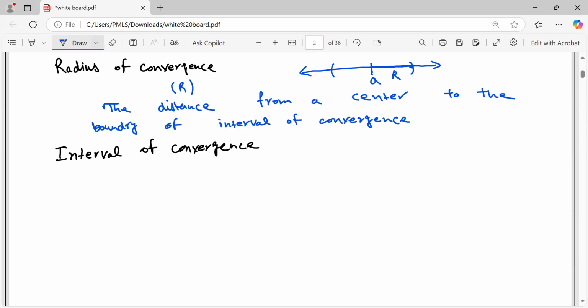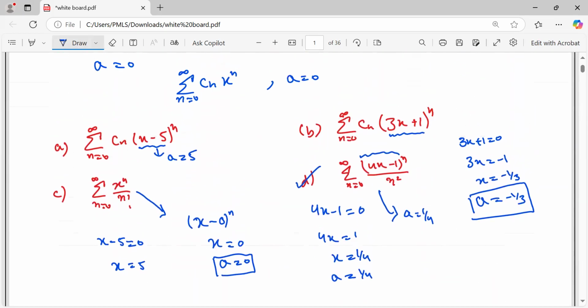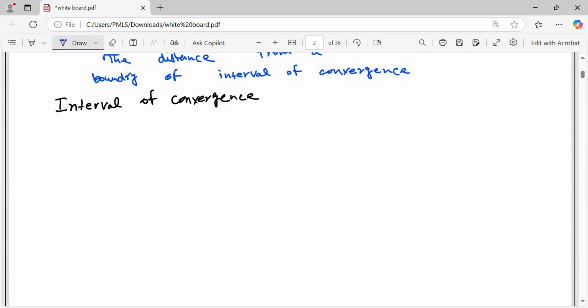And if we talk about interval of convergence, this means all those values of x, like if this is a power series in variable x, all those values of x which we substitute here, and our power series will become convergent. So the interval of convergence is the set of all those values of x for which the series is convergent.